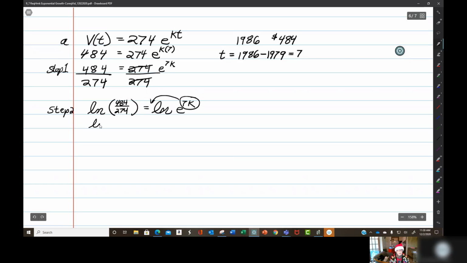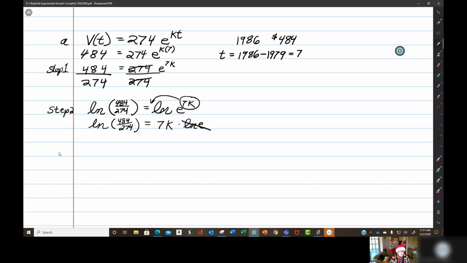So we're going to have the ln of 484 over 274 equals 7k times the ln of e, which is, what is the ln of e? 1! So this is 7k times the ln of e. The ln of e is 1, so 7k times 1 is just 7k.